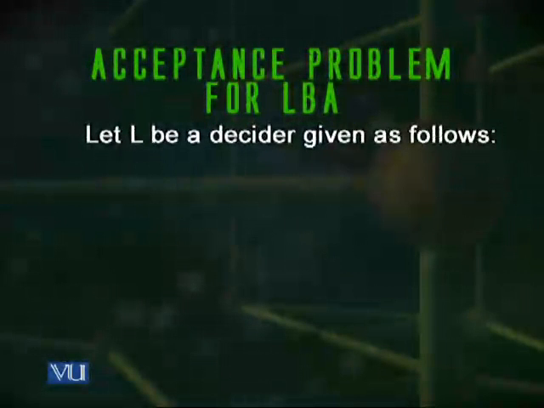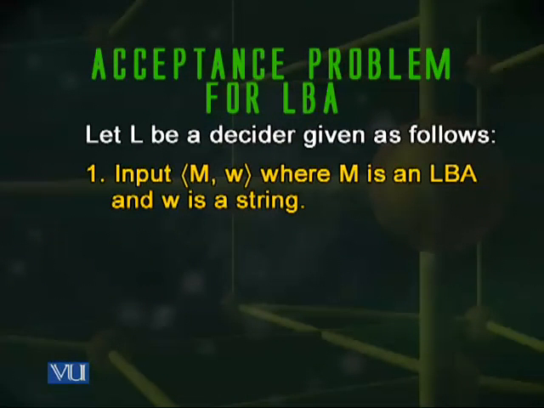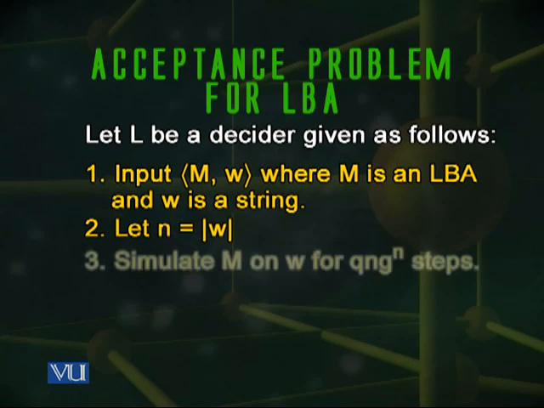Let L be a decider given by the following description. When it receives an input M, W, where remember M is now a linear bounded automaton and W is a string, it calculates N, which is the length of the string. Then it will simulate M on W only for Q times N times G to the N steps, not more than that.